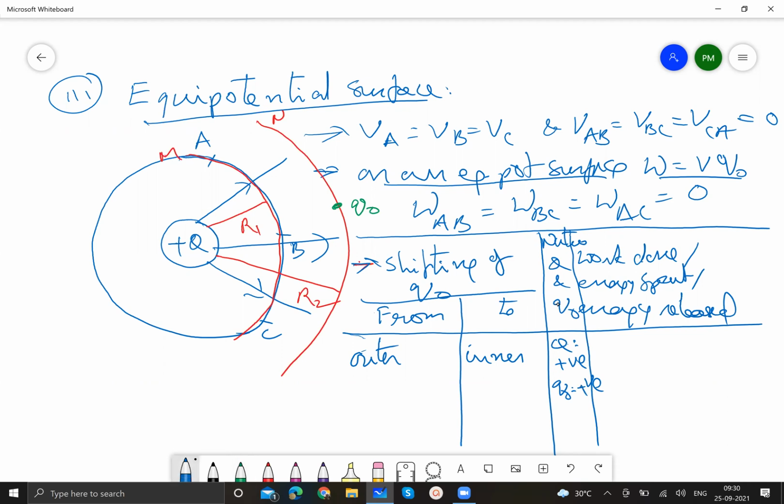Afterwards, let us do for unlike charges. So plus Q naught, and the charge is taken from outer to inner. Because both are repulsive, both are like charges, capital Q is positive, test charge is positive, hence you need to do work.